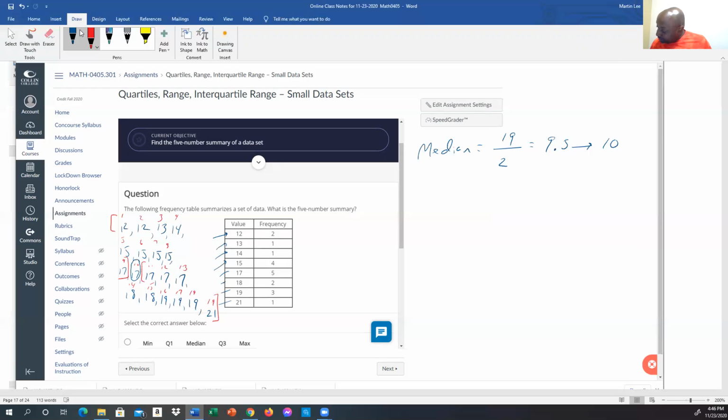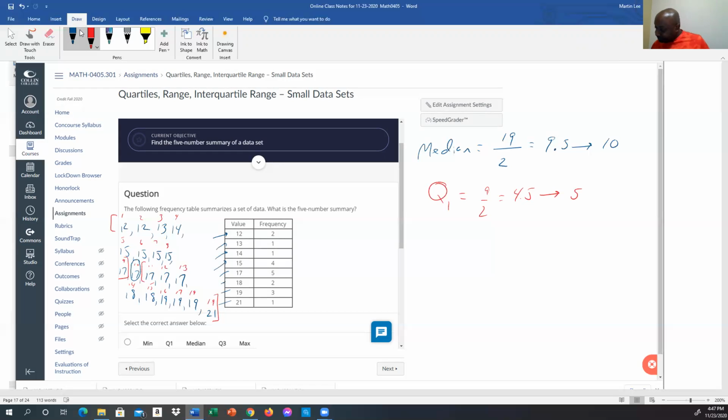So now we need to calculate Q1 by looking at the lower set of numbers less than our median and find the middle number there. Well, since we have 9 numbers, then 9 divided by 2 is 4.5. That rounded up is going to be 5.